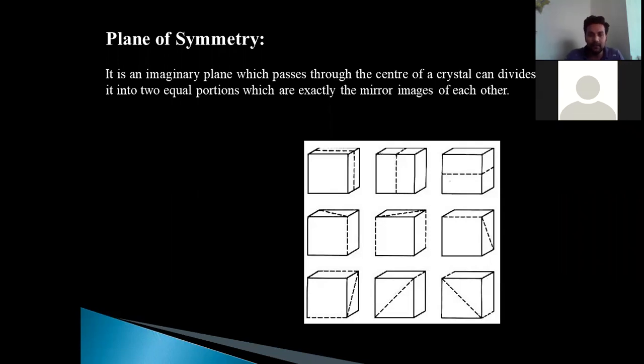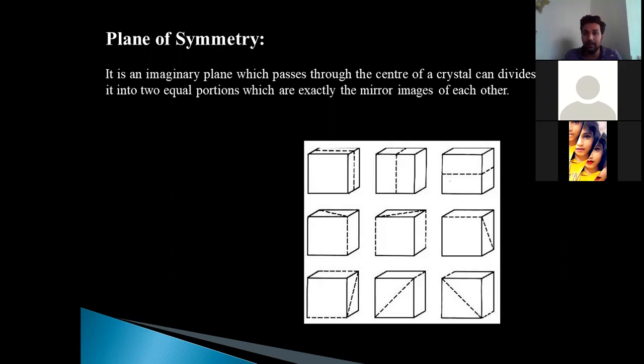In the figure, you can see how different planes can be used to divide the crystal into two exactly equal halves, which are mirror images of each other. So this is about the plane of symmetry.